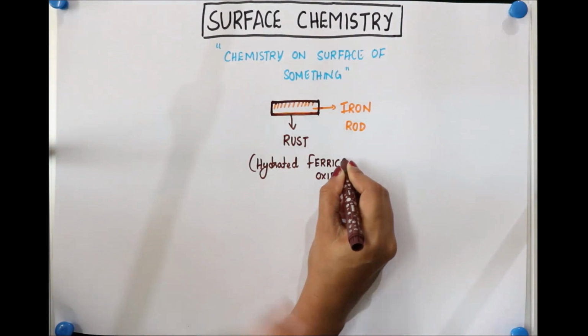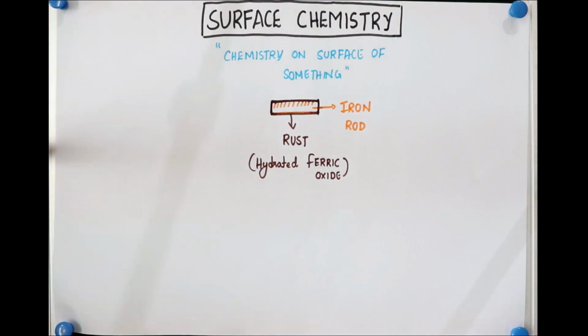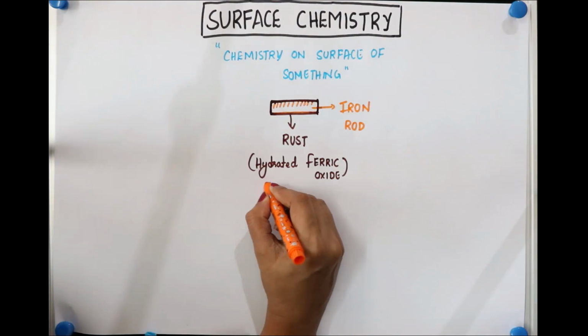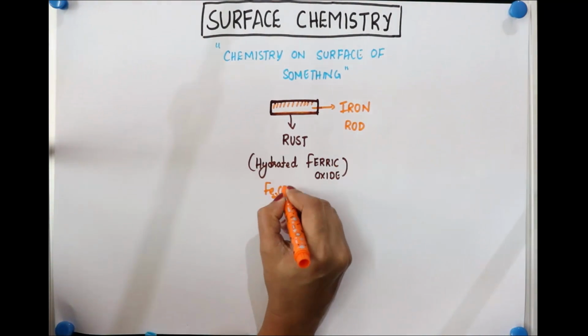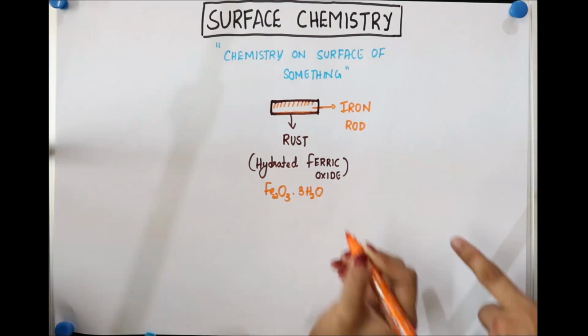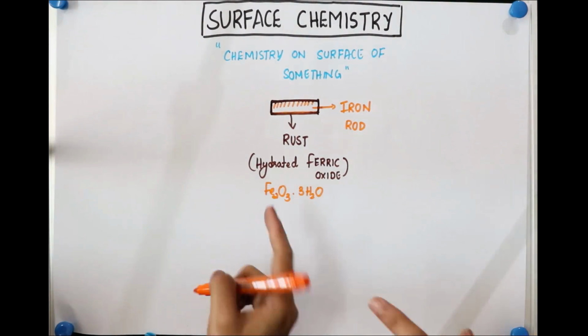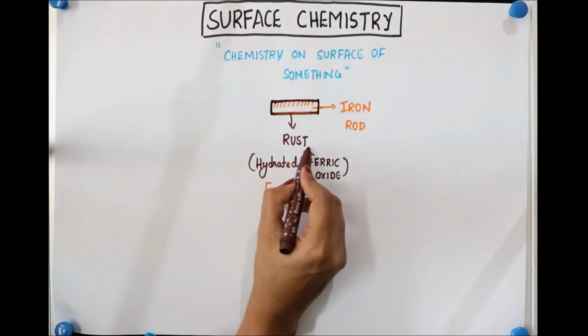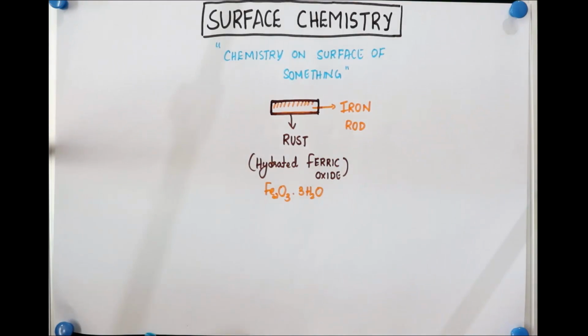That's the chemical name for rust. Don't you want to write the chemical formula? Our viewers would want to know it. It is Fe2O3·3H2O. This is the hydrated part and this is the ferric oxide.